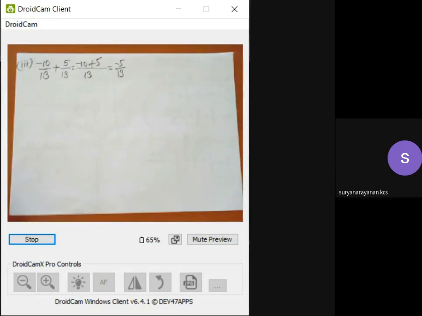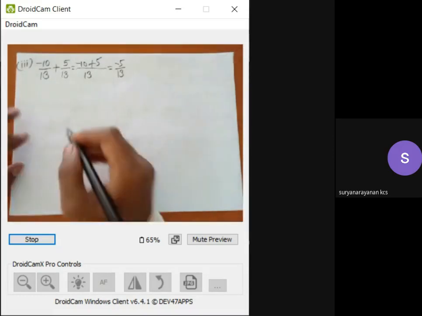Now let us discuss unlike fractions. How can you compare two unlike fractions? How can you add unlike fractions? How can you subtract unlike fractions?